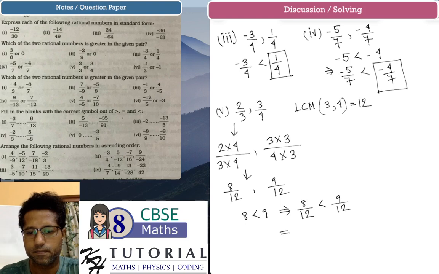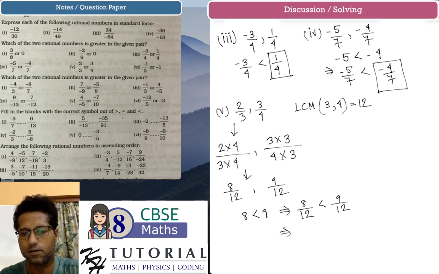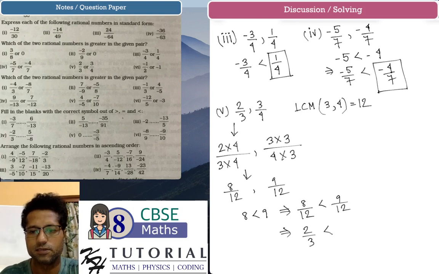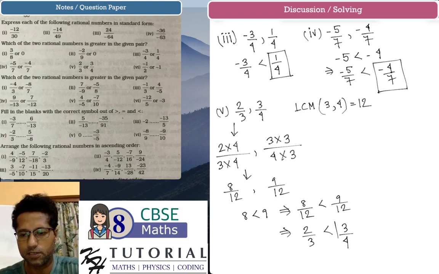The original rational number for 8 by 12 was 2 by 3, and for 9 by 12 the original rational number was 3 by 4. So we have 2 by 3 less than 3 by 4. So definitely the greater rational number is 3 by 4.